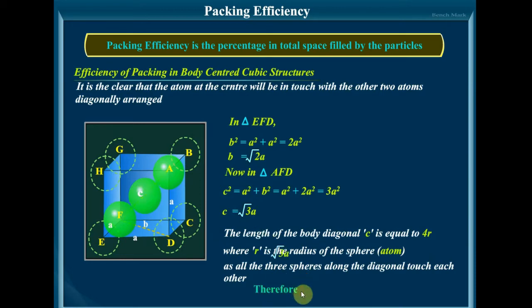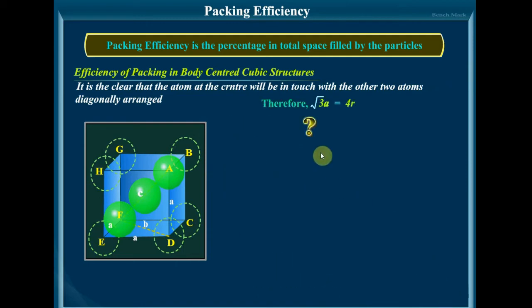There are 1, 2, 3, 4 radii. Therefore, root 3 a, that is this c, is equal to 4r, because the radius is r and it is 4 times. Therefore, root 3 a is equal to 4r, or a is equal to 4r by root 3.